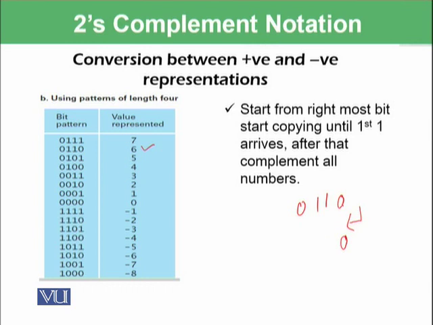So this 0 would be reproduced as it is. The first one is reached, and that would be written, and after this first one, all of the bits will be changed: 1 would be changed to 0 and 0 would be changed to 1. So this will become 1010. So you can see -6 is represented with 1010. Similarly, you can go from negative to positive as well.